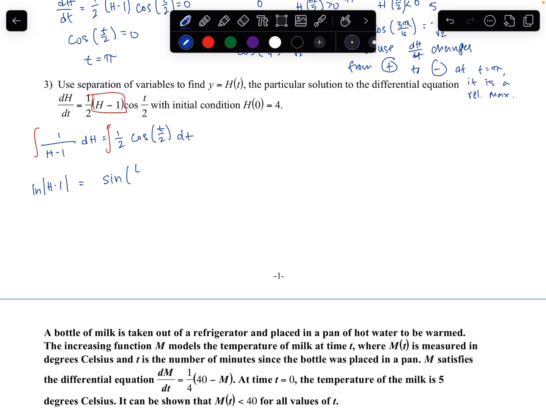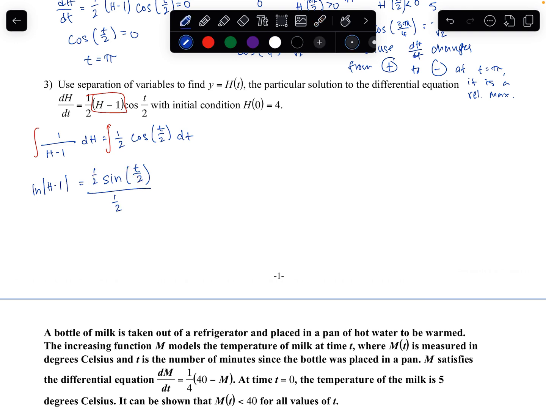So we're going to have sine of t over 2. Now, we also have to divide by 1/2 for the derivative of the inside, for the chain rule. So that's actually going to cancel the 1/2.